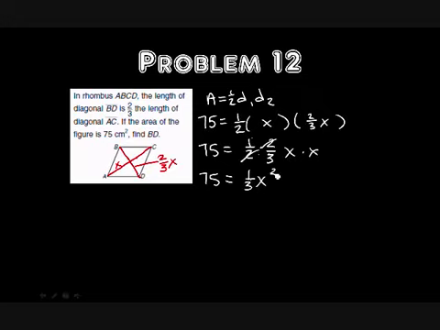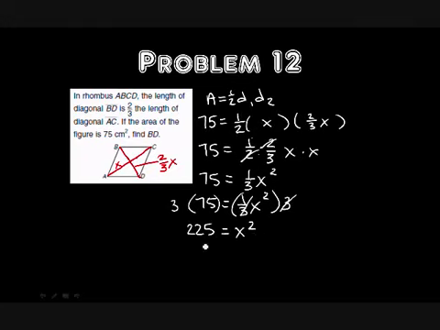So now, in order to get rid of that 1/3, I need to multiply both sides by 3. So this is times 3, and this is times 3. So 3 times 75 is 225. And the 3 and the 1/3 cancel out, and we end up with x squared there. And then if we take the square root of both sides, we get x.